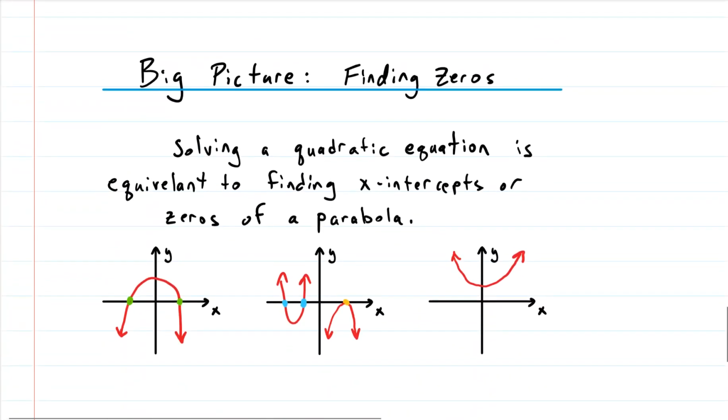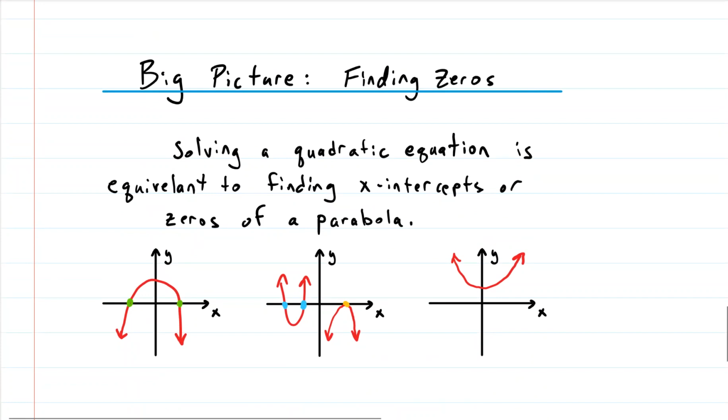All right, big picture. Finding zeros. That's really all we're doing here. So you might view solving a quadratic equation as purely an algebraic exercise, but the big picture is all we're doing is finding these x-intercepts.